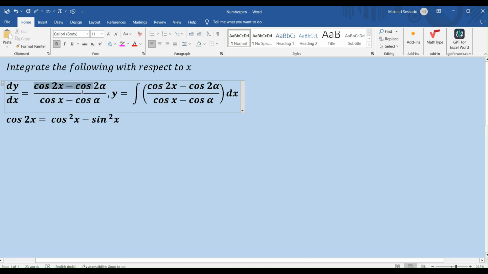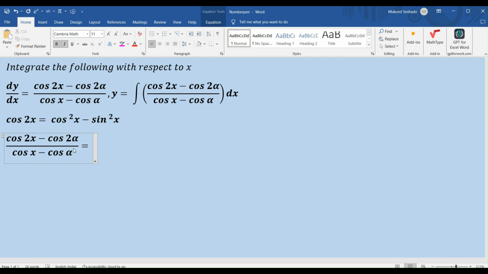I'm going to take out this particular expression and see what I can do before I get back to y. So let me write down this expression: cos 2x minus cos 2 alpha divided by cos x minus cos alpha. I know that cos 2x equals cos square x minus sine square x, right? And I also know that sine square x plus cos square x equals 1, which means the same formula can be written as 2 cos square x minus 1.